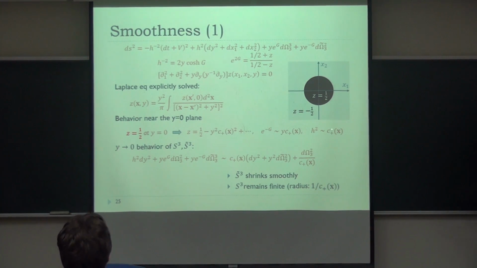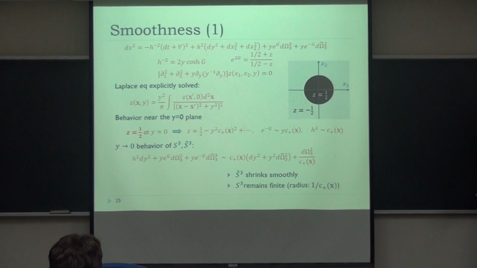And then you can simply plug this into the y part and these sphere parts, and you find that this is the asymptotic form. Because this is a finite number, as you approach the y equals 0 plane, you have a sphere, which is... sorry, what is it?